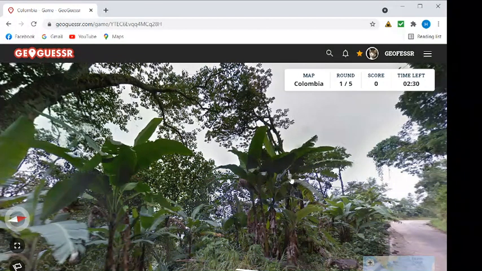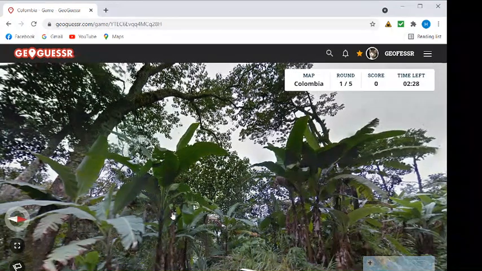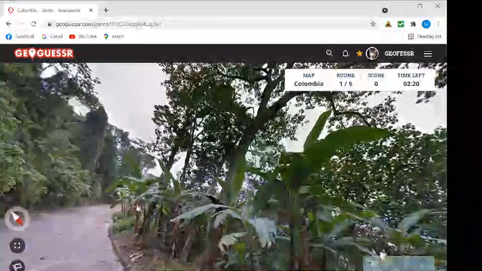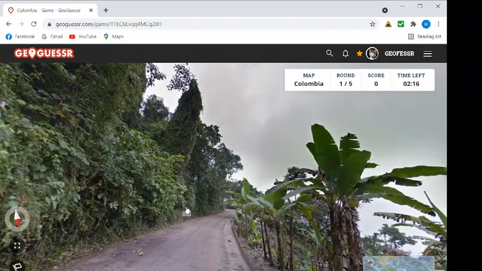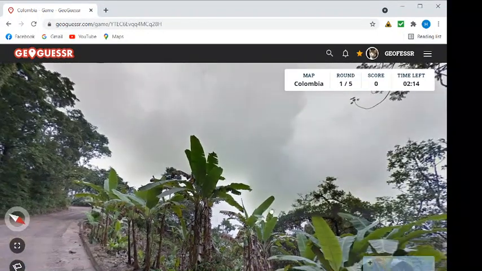The highest inhabited areas, including the city of Bogota, probably would not have these. We still could be like 2,000 meters up though.